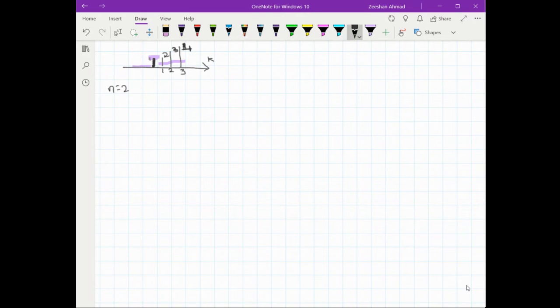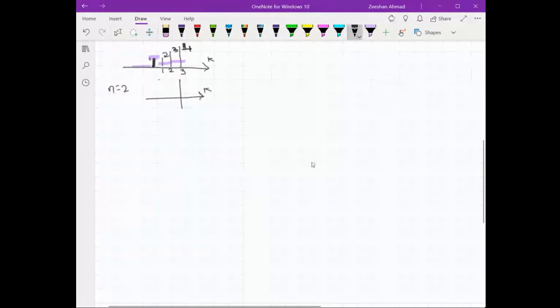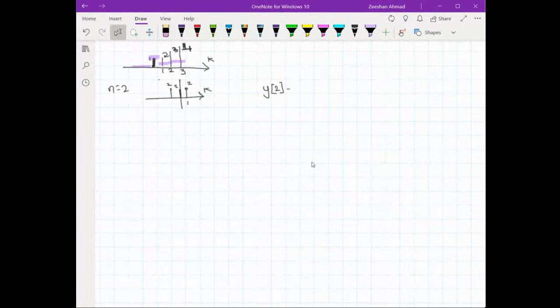Now, this will be further shifted to the right. So the signal, this will be your k. And if I shift this signal to the right, you can see here, this sample will be shifted to 1. Basically, at 1 I will have 2, at 0 I will have 2, and at -1 I will have 2 here. So if I need to multiply them, y of 2 will be equal to, it will be just simple.